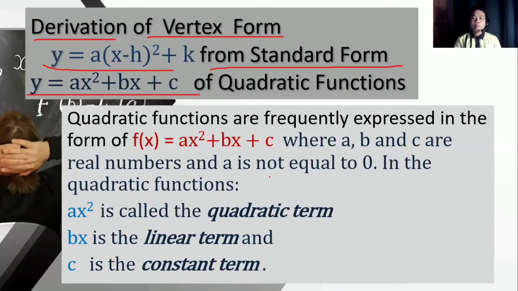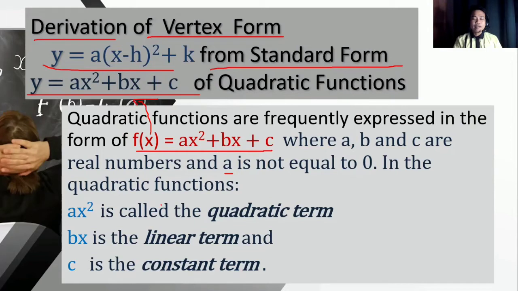Quadratic functions are frequently expressed in the form of f of x equals ax squared plus bx plus c. Also, pwede rin naman natin gamitin yung y is equal to ax squared plus bx plus c, where the values of a, b, and c are real numbers, and a, which is the leading term, is not equal to 0.